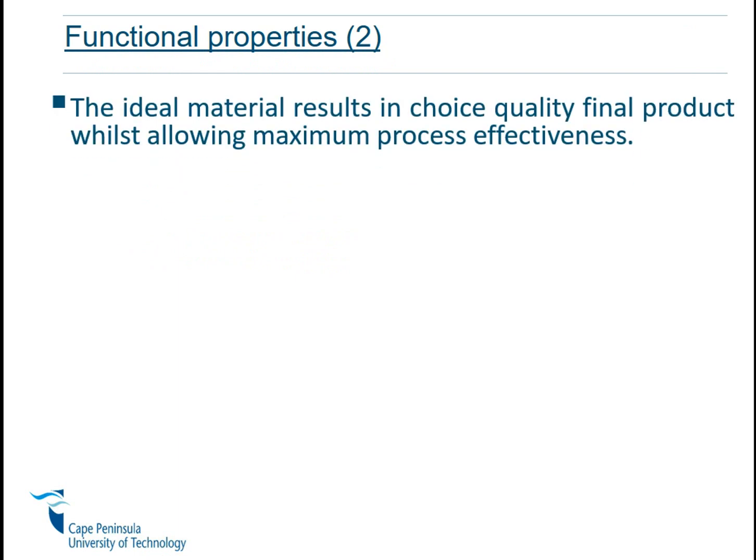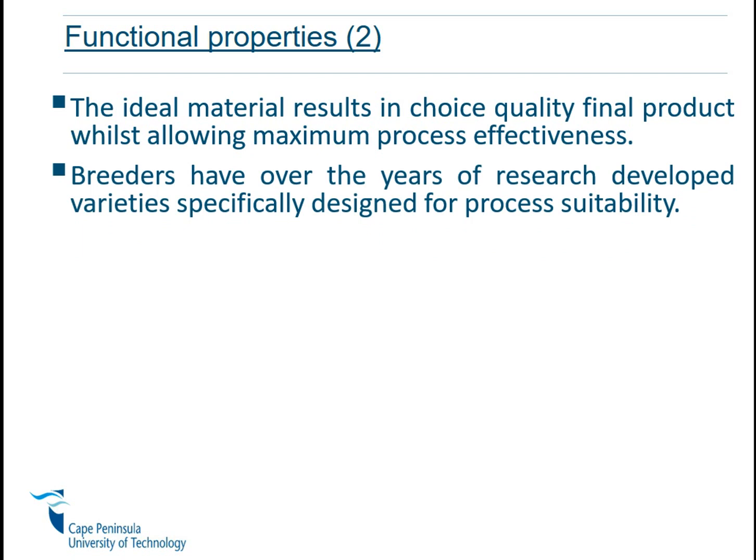As I've said, the ideal material results in choice quality final products whilst allowing maximum process effectiveness. Over the years, breeders have come up with research which has developed varieties specifically designed for process suitability.